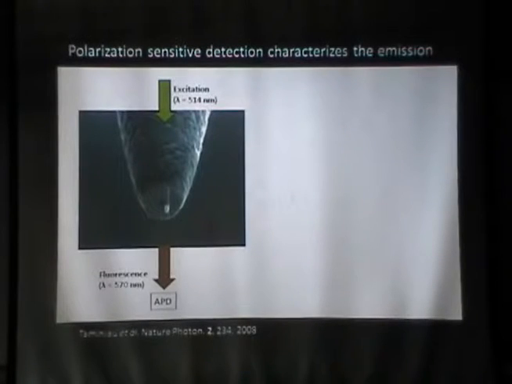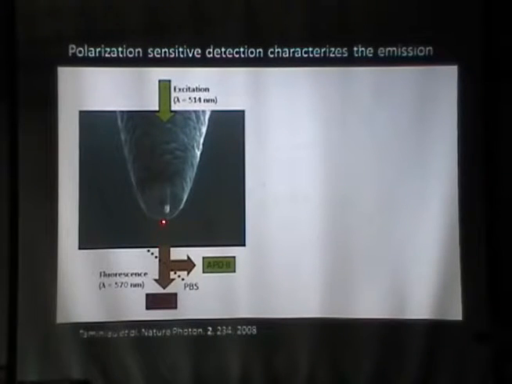What we have to do is now repeat the experiment, but now place here a polarizing beam splitter and two detectors. And what one would expect is that if light comes polarized along one direction, all the light goes to one detector, and if the light comes radially polarized, it should go equally or more or less equally to both detectors.